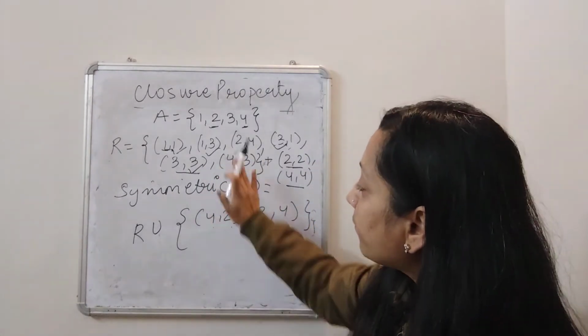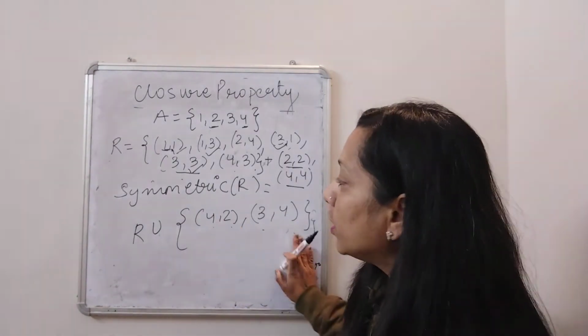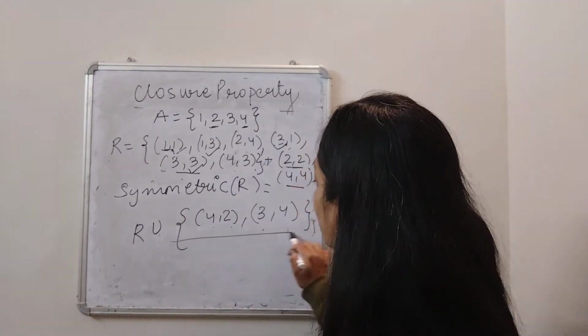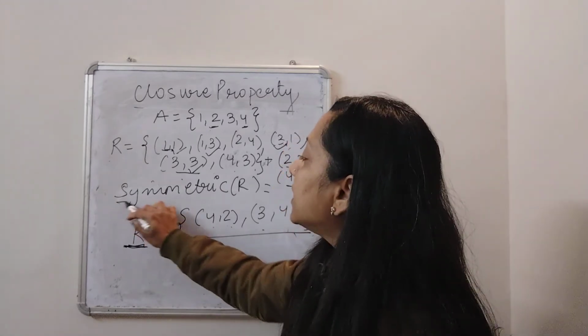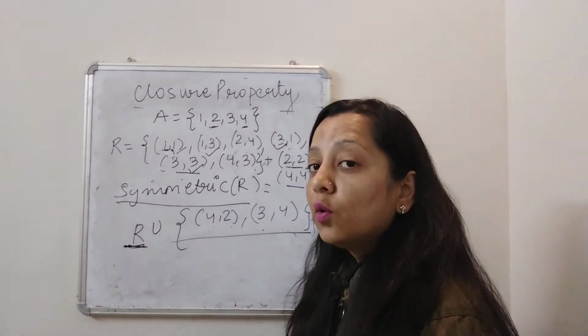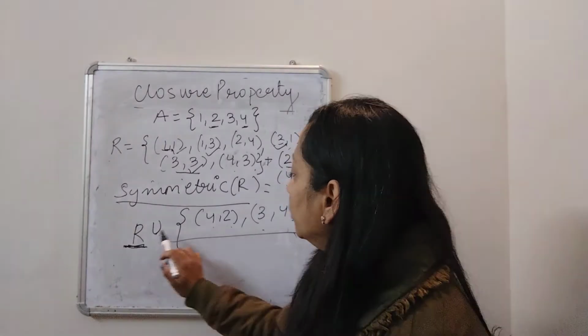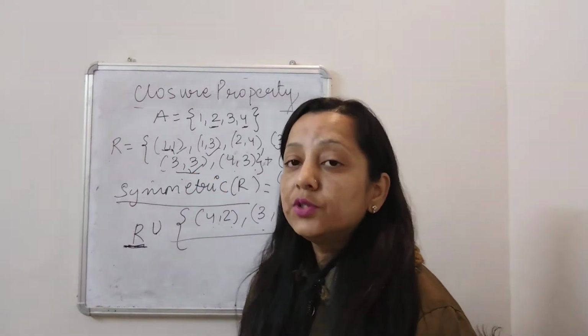So that means if I have these two elements also in the relationship set, it can be called a symmetric relation. Therefore I can say that by adding these two coordinate pairs to this already existing relationship set, I can achieve the symmetric closure of the relationship set R. Hence R union {4 2, 3 4} gives me the symmetric closure.